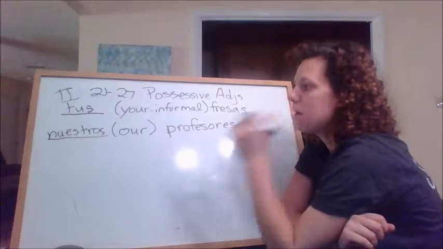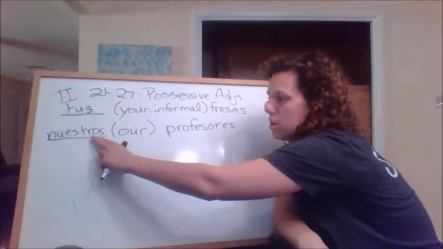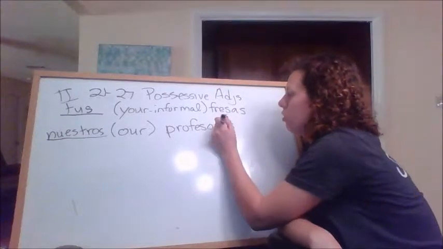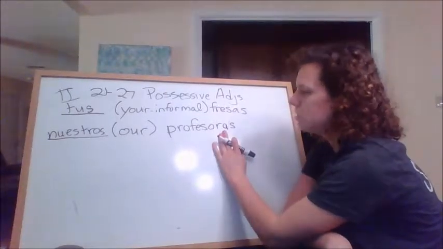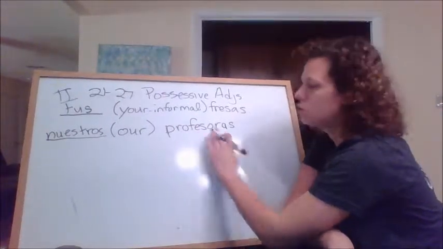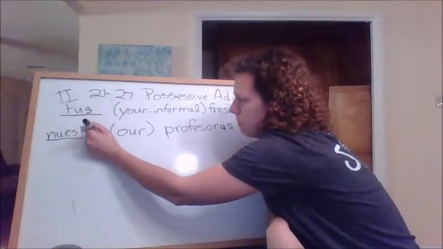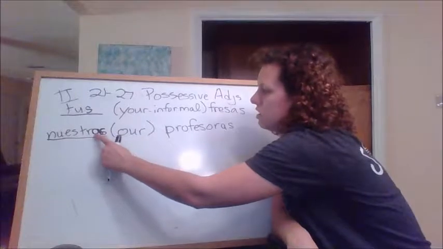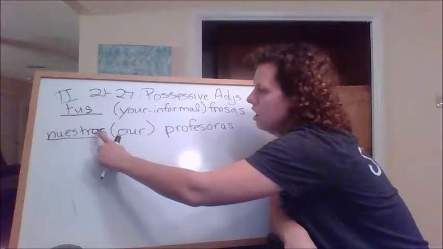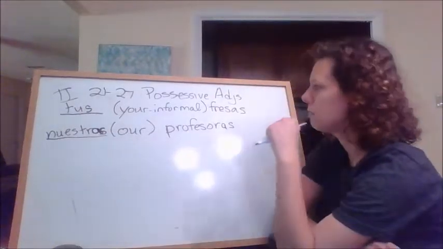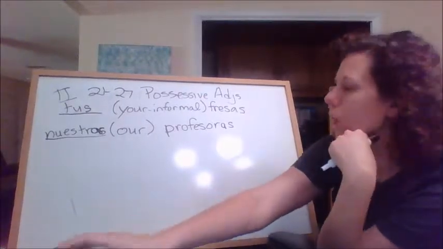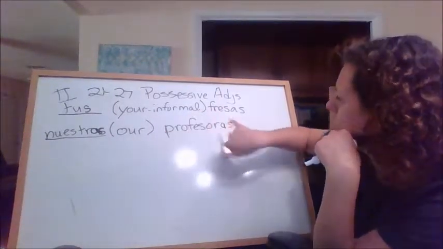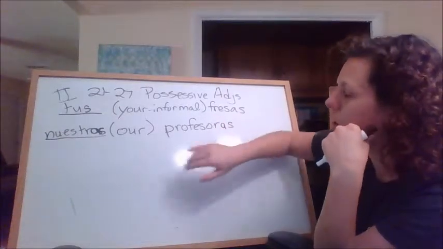Okay? But this is the only one that we care about gender. If I had profesoras, this means that it's feminine. So this also has to be feminine, right? So nuestras, that's an A. It's a terrible A, but it is an A. Nuestras, all right? Okay, so the only one, mi, tu, su, those don't matter the gender, they just matter the number.